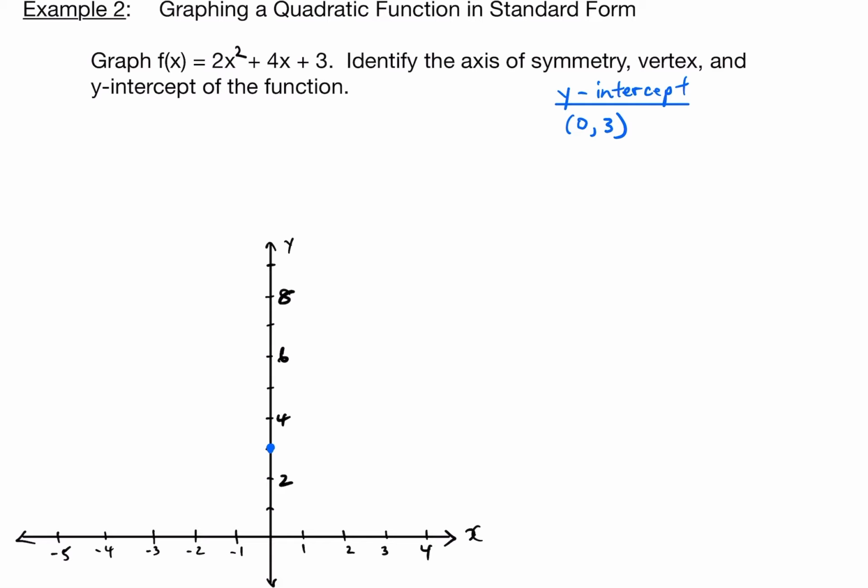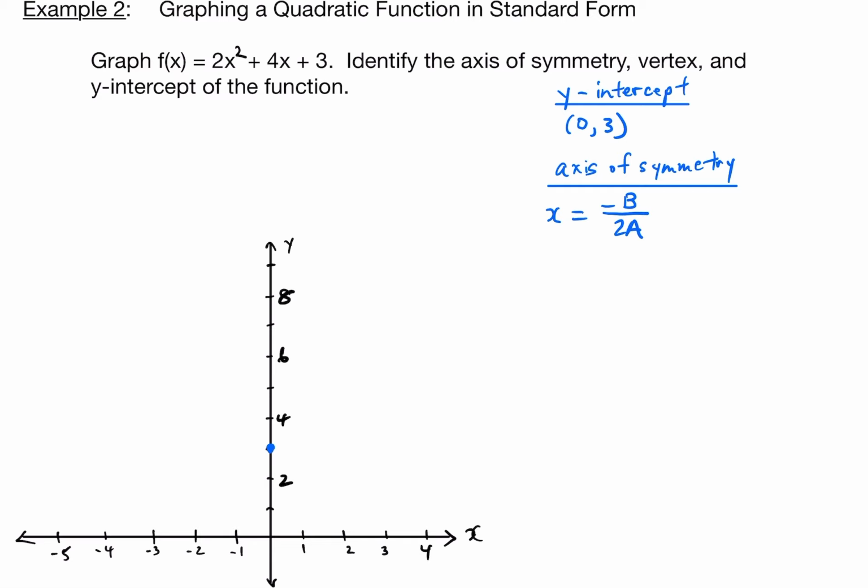Then the next step is to find the axis of symmetry. To do that, we're going to use that equation that I mentioned earlier, where x is equal to -b over 2a.